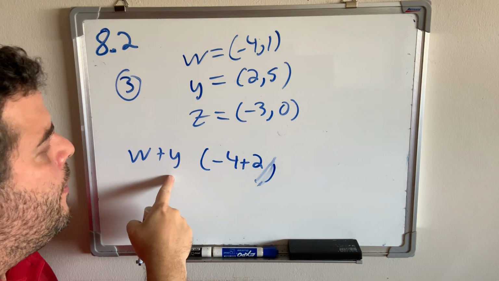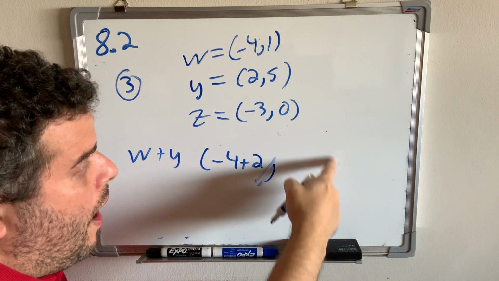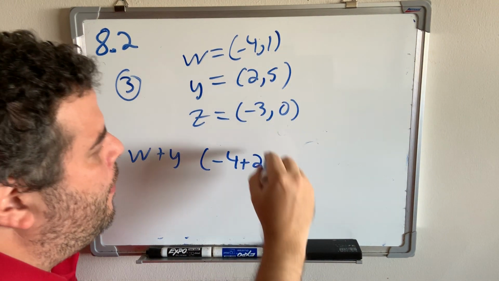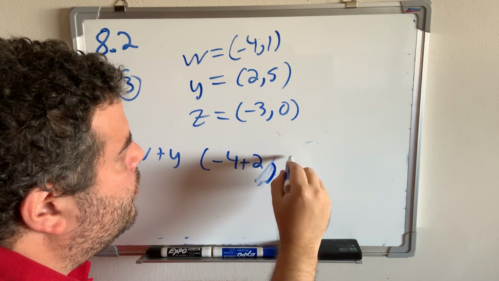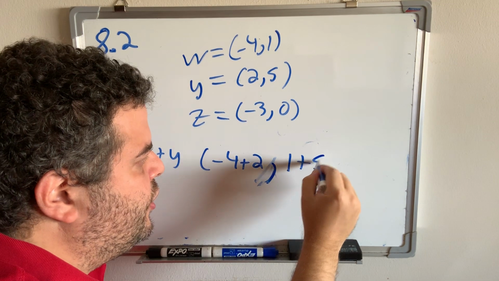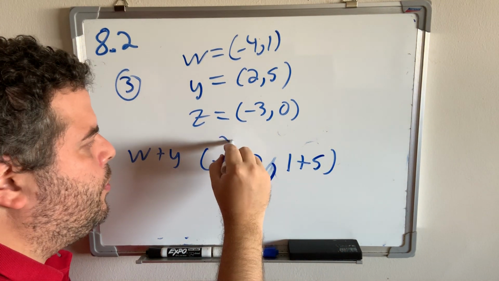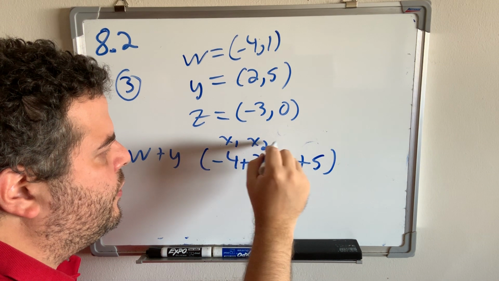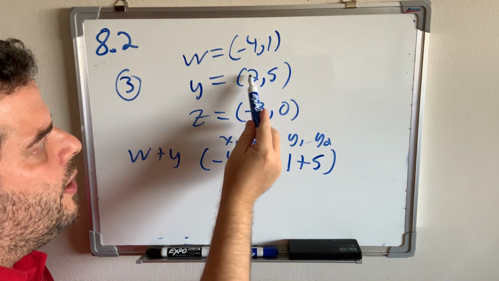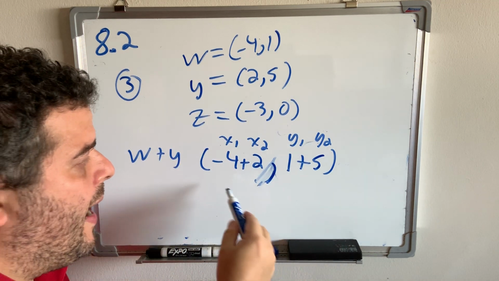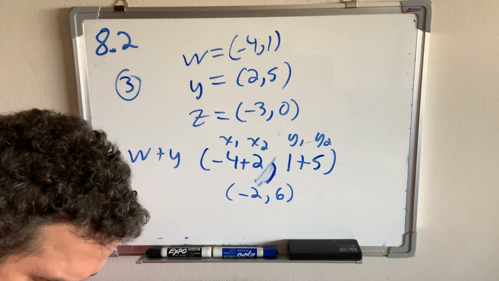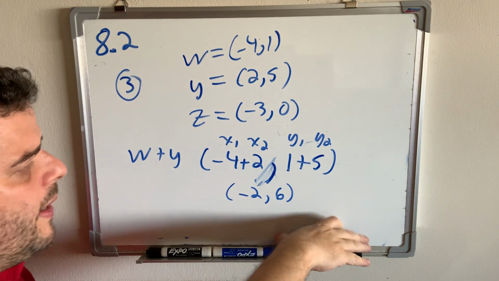And now for my y component, I'm going to add the y part of W, which is 1, and the y part of Y, which is 5. So again, this would be x1, this would be x2, this would be y1, this would be y2. You can confirm right here. Now, when I add all of this, I end up with (-2, 6). That is the answer to example A.